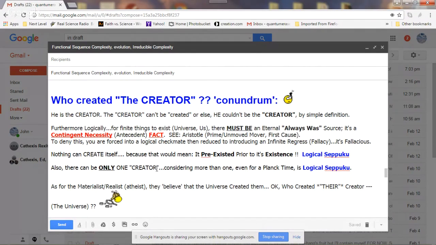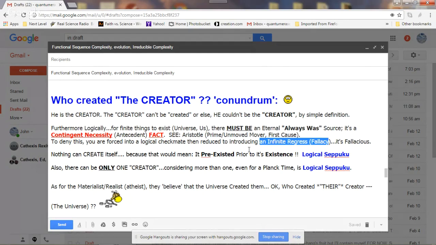Furthermore, logically, for finite things to exist, that's the universe and us, there must be an eternal, always-was source. It's a contingent necessity, antecedent fact. See Aristotle, prime mover, unmoved mover, the first cause. To deny this, you are forced into a logical checkmate, then reduced to introducing a what?